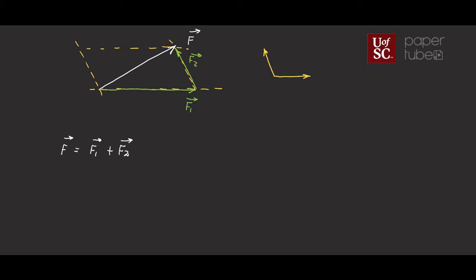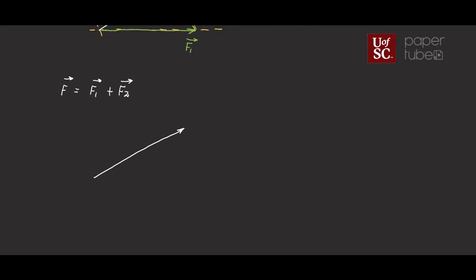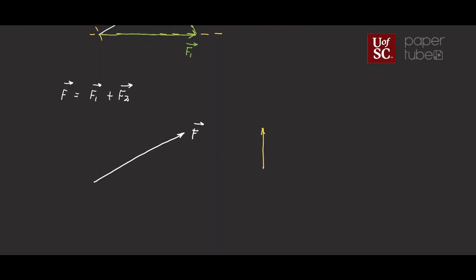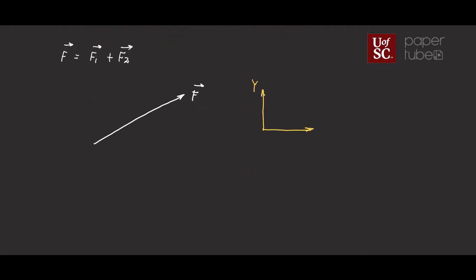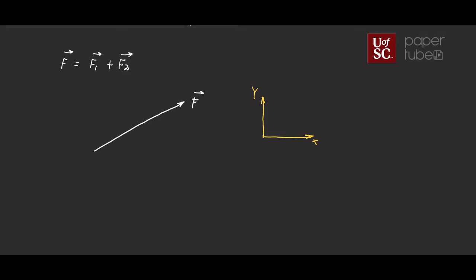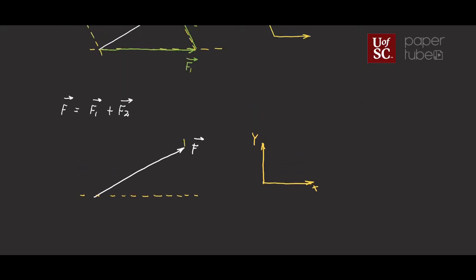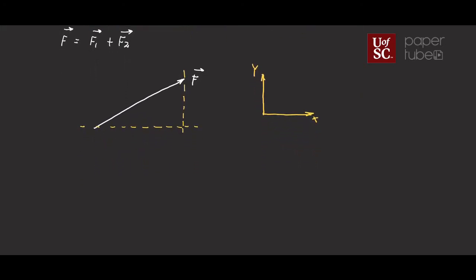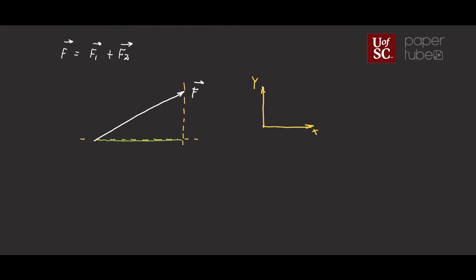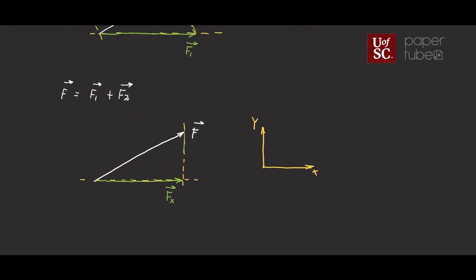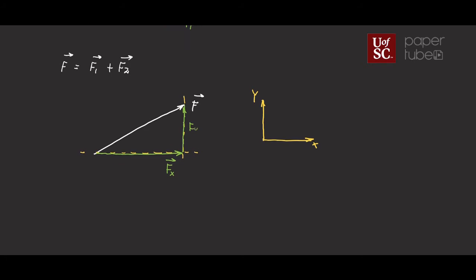So if I have my vector F, and then I have my x and y axes, the components of this vector are going to be this, let's call this Fx, and let's call this one over here Fy.